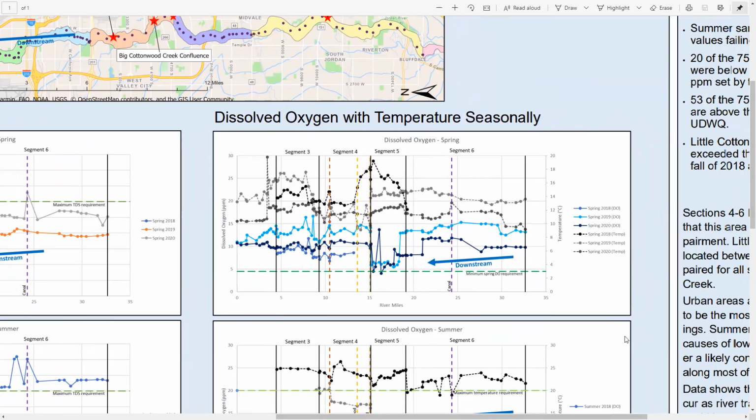So in all but 2 samples for spring, we see that they are above the minimum requirements. Dissolved oxygen does increase as cold water effluent joins the Jordan River in segment 4. DO then continues to show a decreasing trend downstream.